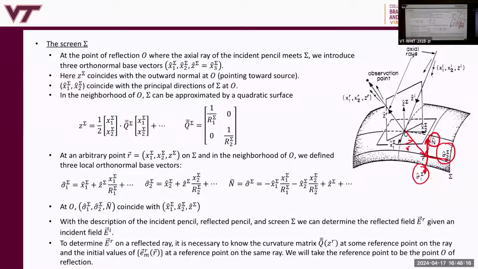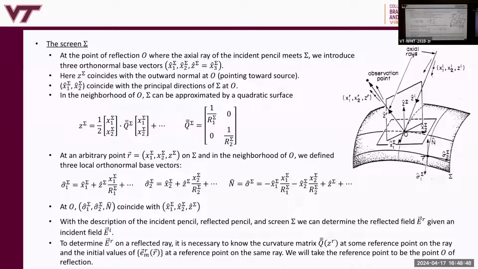It's the exact same thing we did with the pencil coordinates, right? It's a paraxial coordinate system. It's a way to describe the surface at different points than the axial ray, or the normal to the surface in this case, in terms of these components, right? At O, obviously at the origin, this local coordinate system corresponds to this one. They're the same if R is equal to 0, basically.